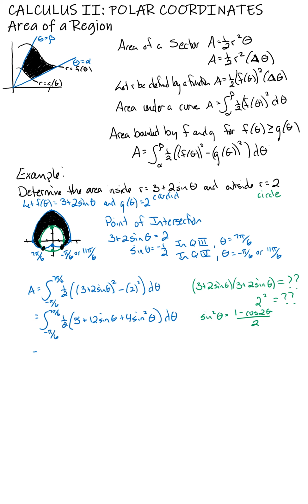So if we use that in here, we have 4 times (1 minus cosine 2 theta) over 2 d theta. But now let's go ahead and reduce the 4 with the 2.